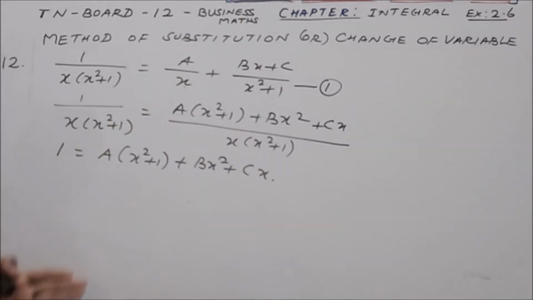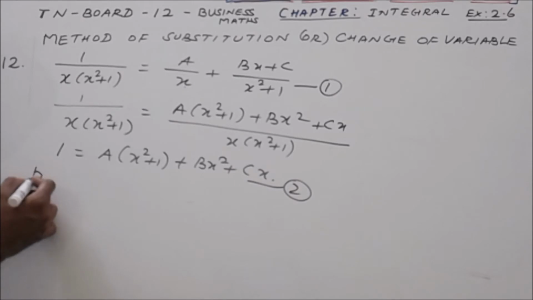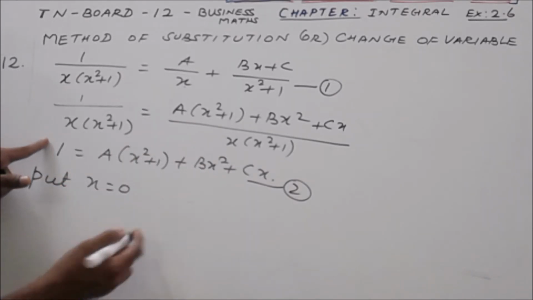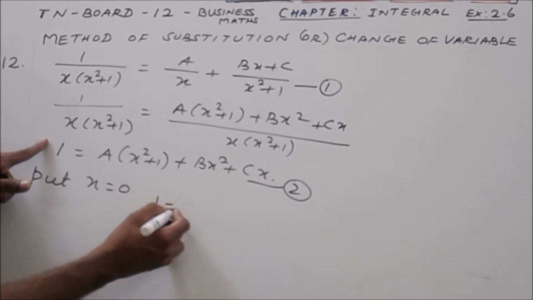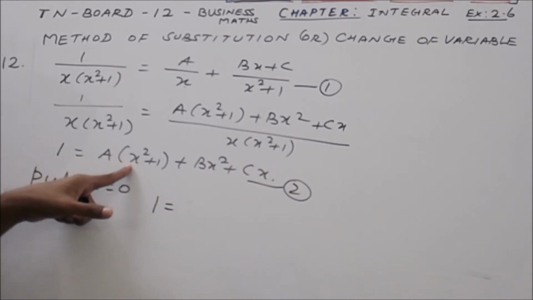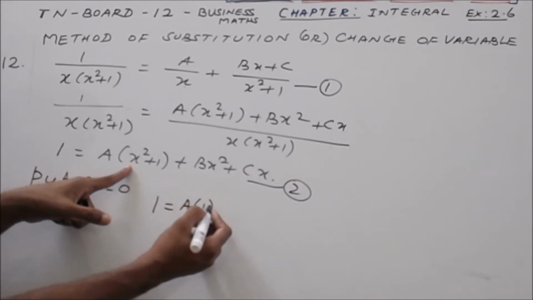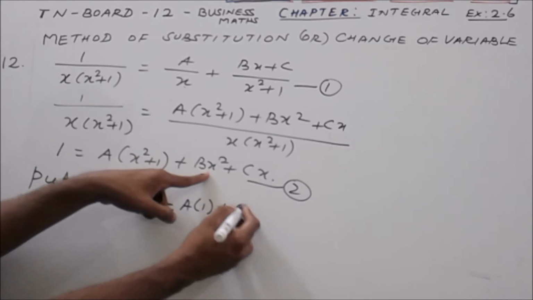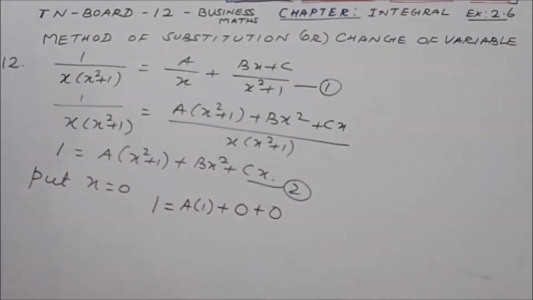To find a, b and c, we can go with the equating coefficient method, or we can substitute x equal to 0 first. Look here, put x equal to 0. The LHS becomes 1, a constant. Now on the RHS, if we substitute x equal to 0, this is a into 1, b into 0 is 0, c into 0 is again 0.